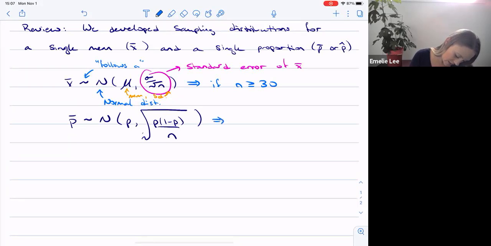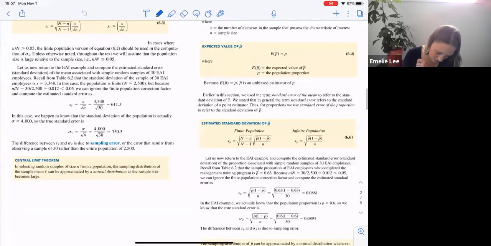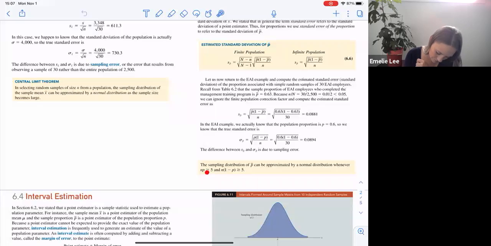And this is true if n times P bar, which one did they use here? n times P, we don't have P, we're trying to figure out what P is, or what it might be. So for now, let's just use what they have here.